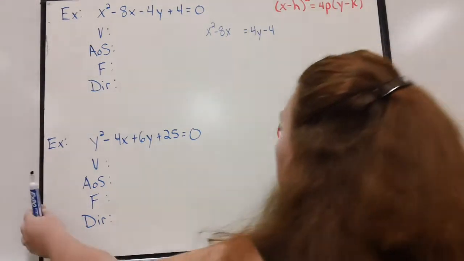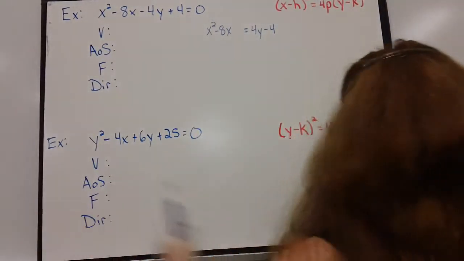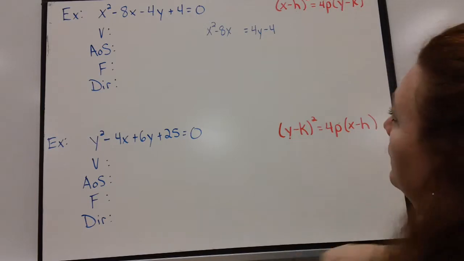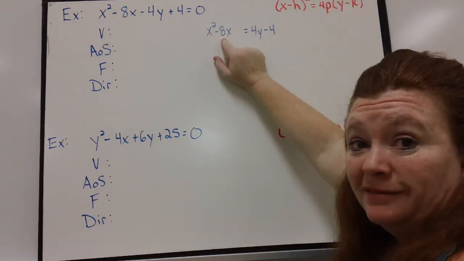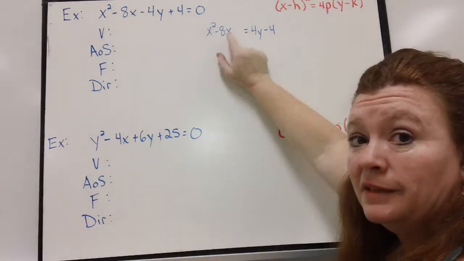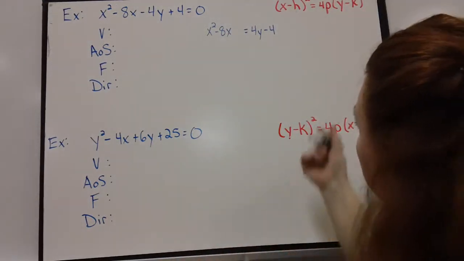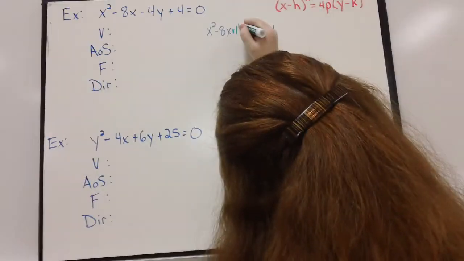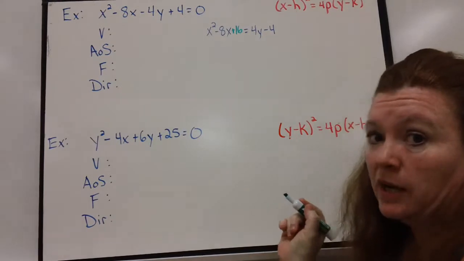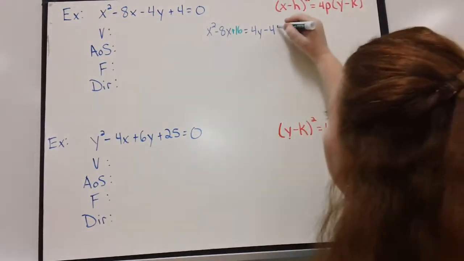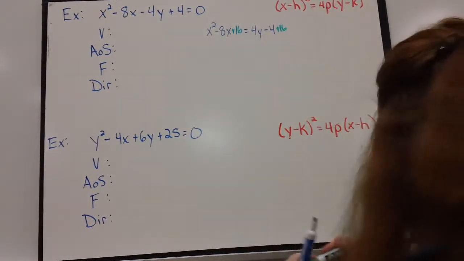All right, let's complete the square. Take half of b, 4, square it, and get 16. I'm going to add 16 to complete the square. Well, if I add it on the left side, I better add it on the right side. All right, so what do we have?